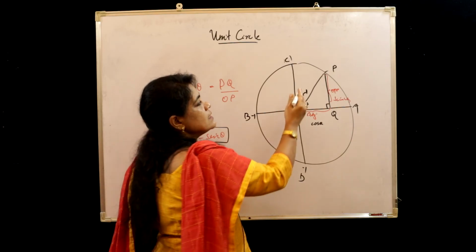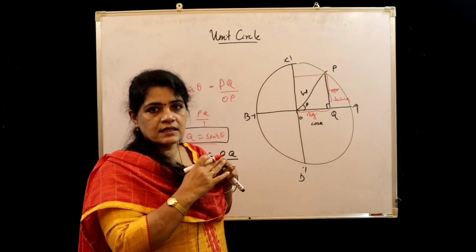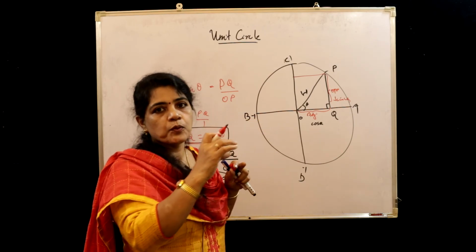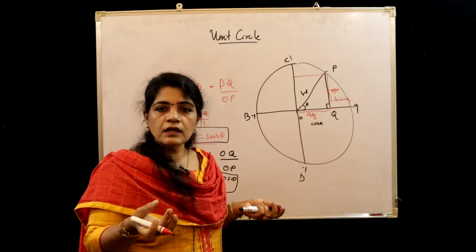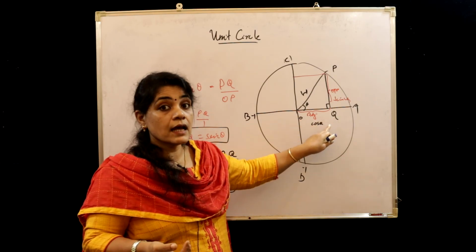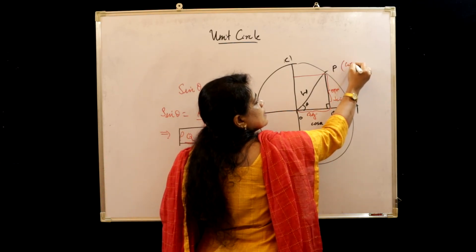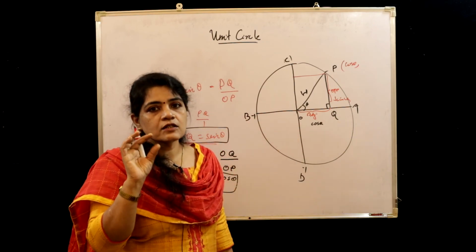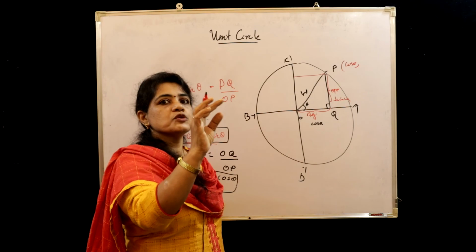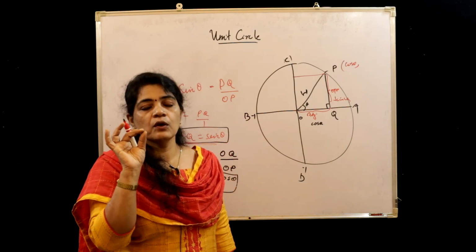That means this distance from the y axis to that point is what is called the x coordinate. So that is what we get as cos theta. Is the x coordinate clear, children? The perpendicular distance from the y axis to that point is the x coordinate.